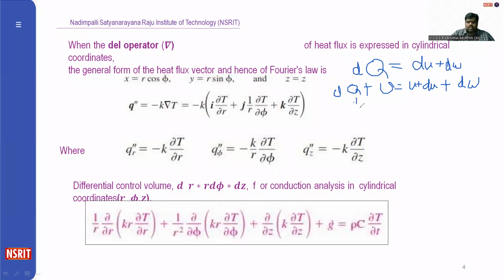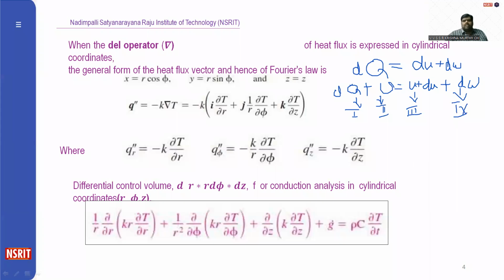So let the heat input be 1, the internal energy be 2, the increase in internal energy be 3, and the work done be 4. Like in the earlier class, I am doing the same, don't worry.